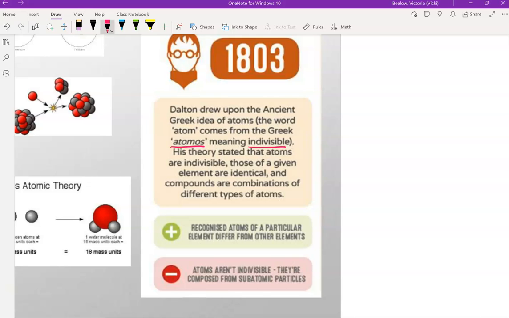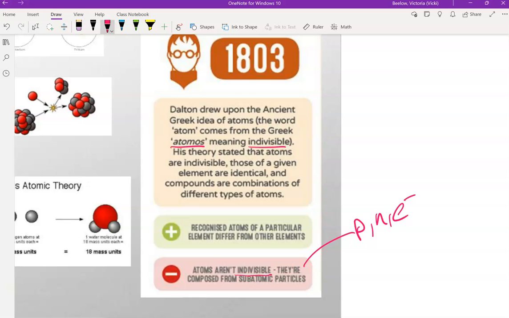Now, he was one of the first to recognize that, hey, there is something that you can't divide any further, and that atoms of a particular element differ from other elements. However, again, you can't really say they're totally indivisible, because they do have those three subatomic particles: protons, neutrons, and electrons.